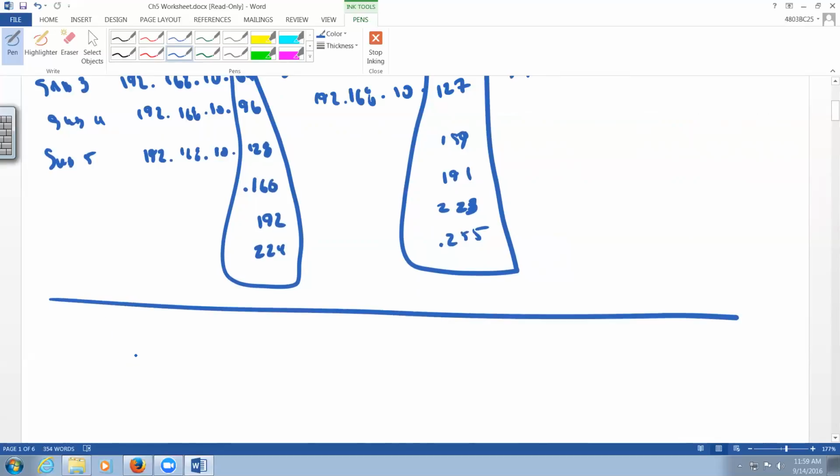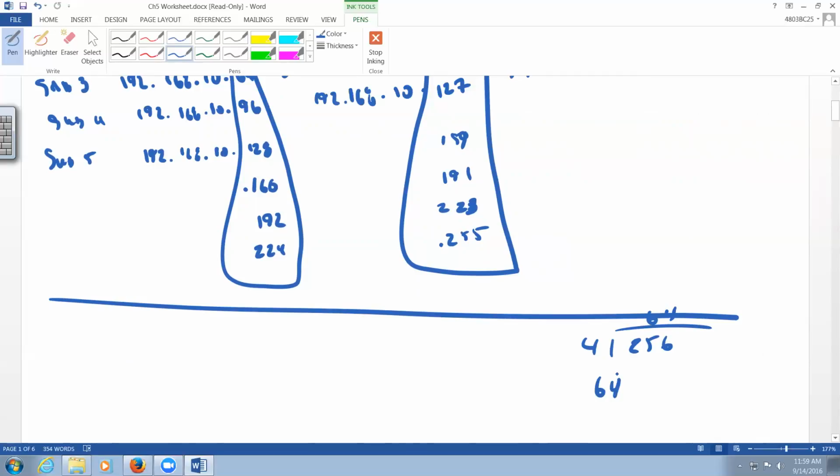So instead of /27, it'd be a /26. So what's 256 divided by 4? 64. Okay, so you'd have 64 per subnet.